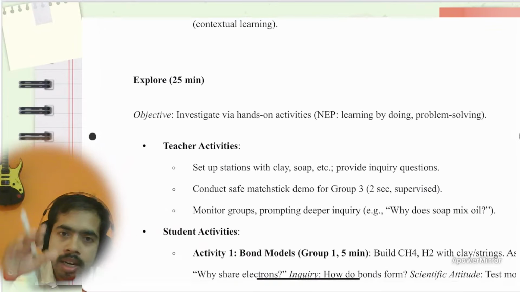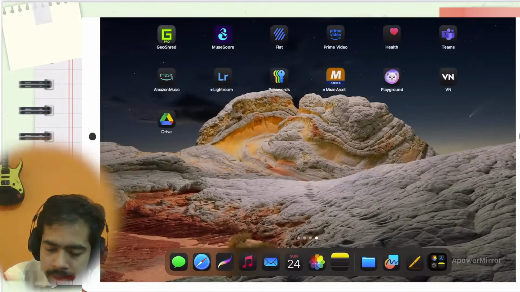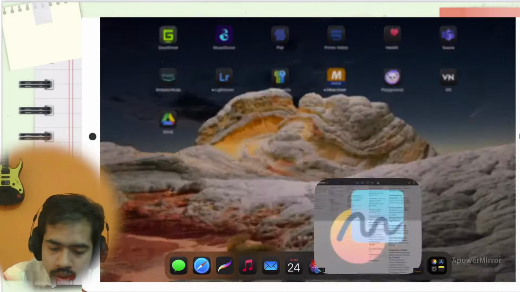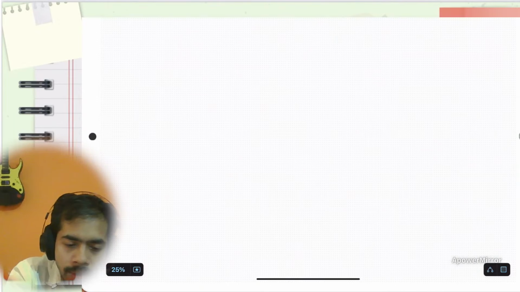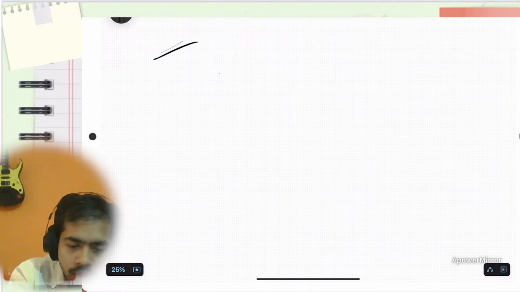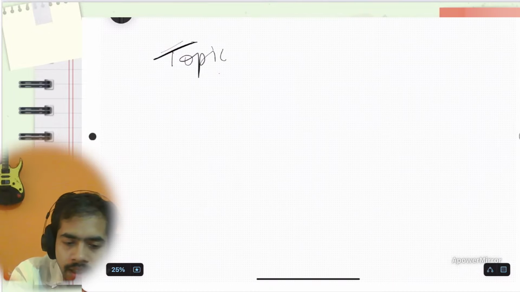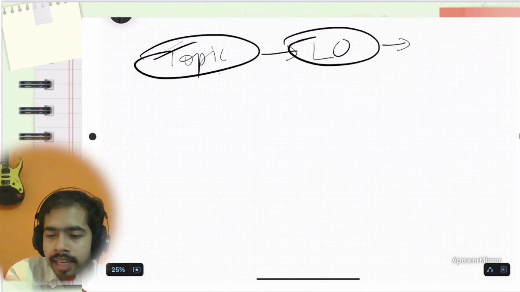Then Explore, which I will definitely provide later on. Let me conclude my session here with a very small idea: first we have to get the topic, then we have to bring learning objectives, then we have to design the activity.